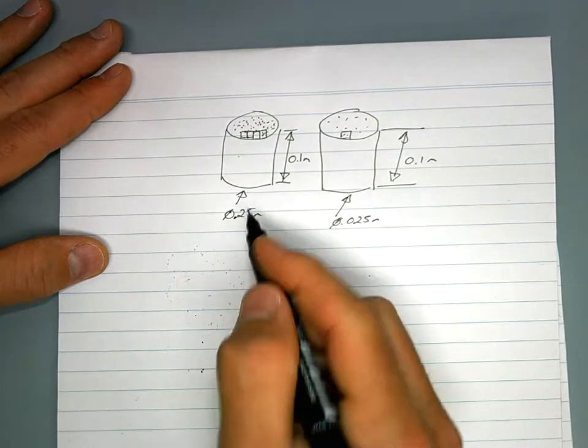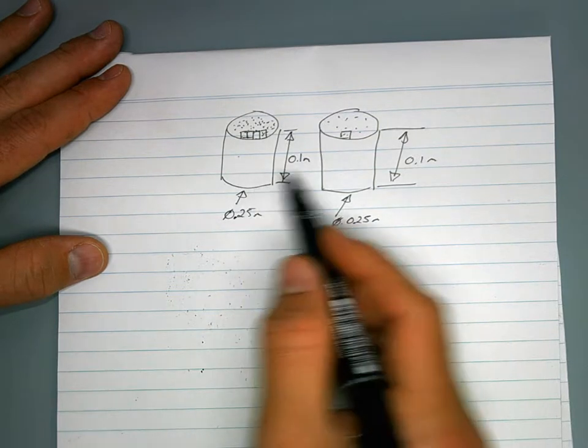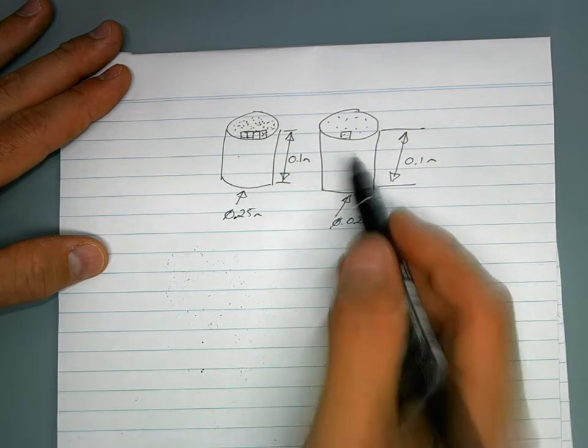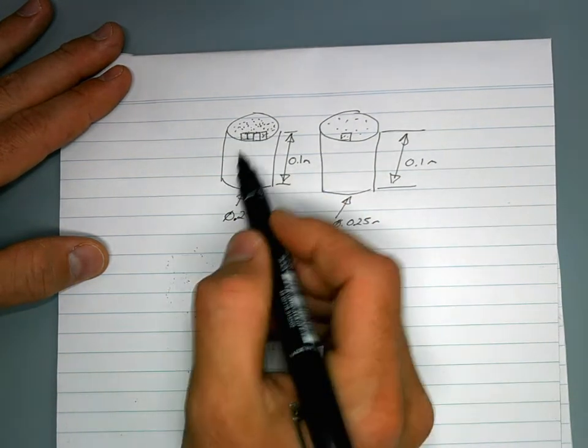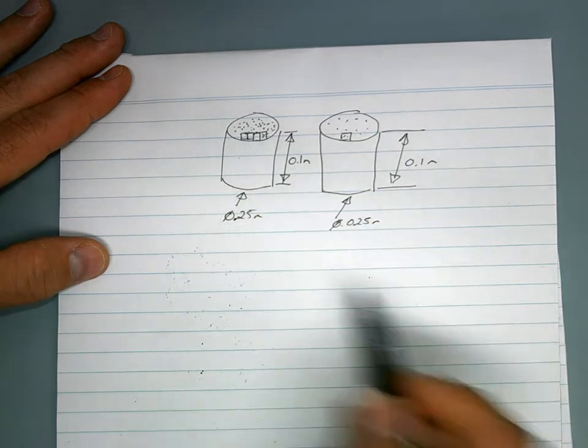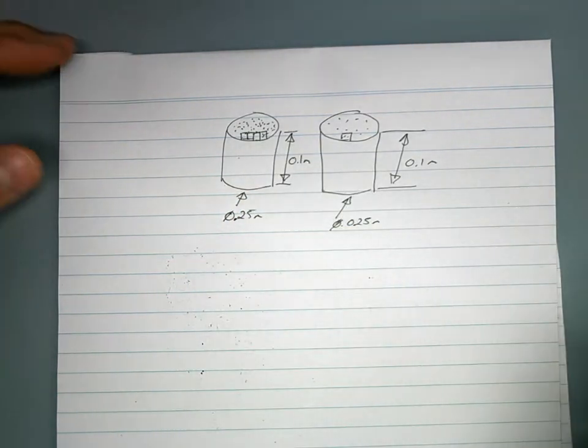So you'll see here that they're both the same. This one will weigh 3 times as much as that one because it has 3 times more parts packed in. So it's kind of how compressed items are.